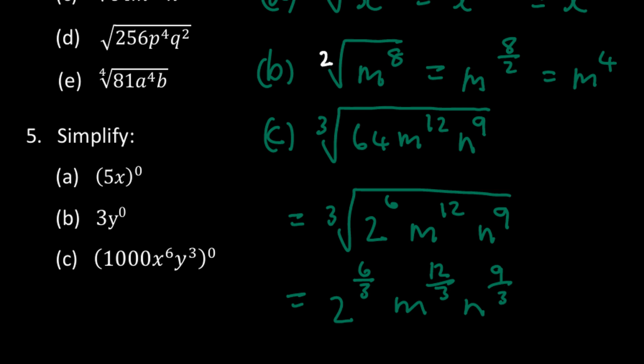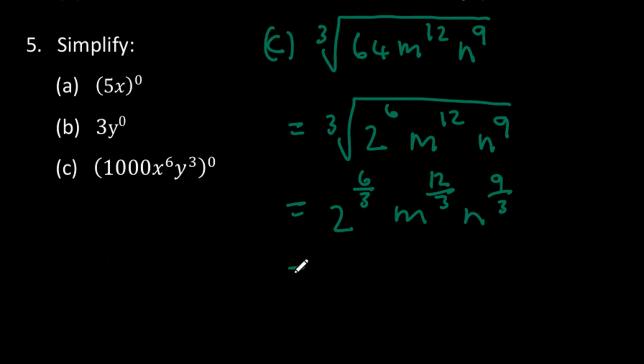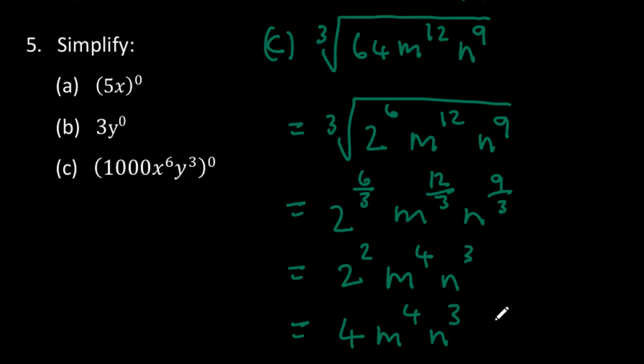We can simplify this. 6 divided by 3 is 2. 12 divided by 3 is 4. So m to the 4. And 9 divided by 3 is 3. Then finally, 2 squared is 4. So it's 4 m to the power 4 n cubed.